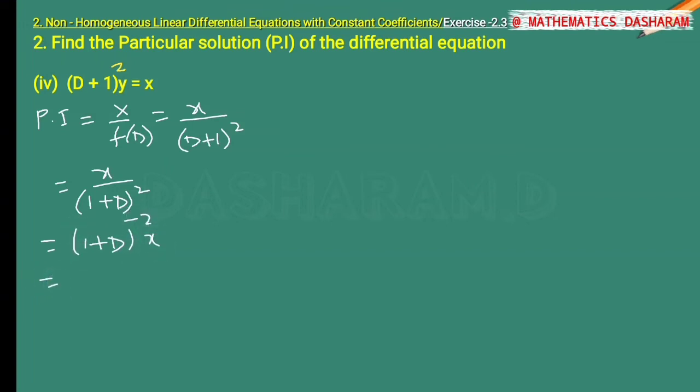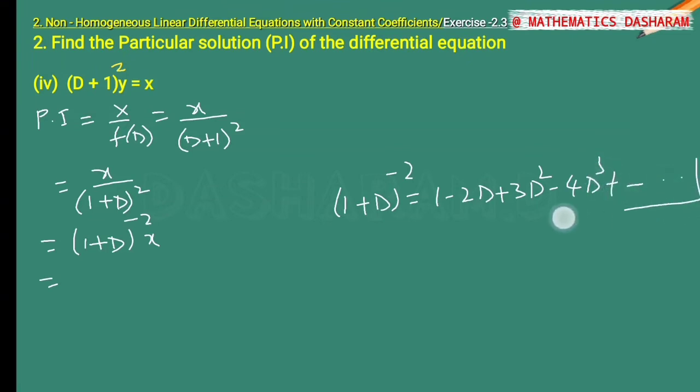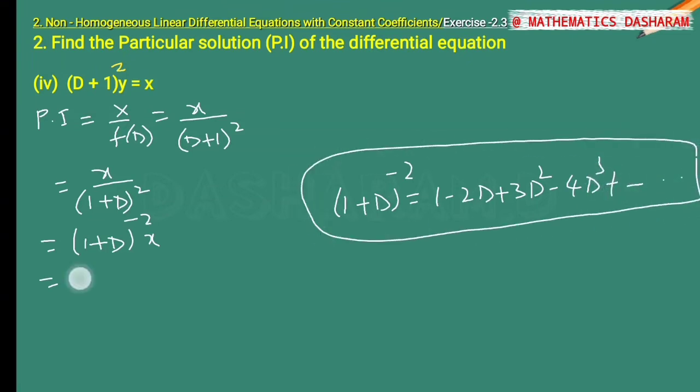So here the formula is (1 + D)^(-2) = 1 - 2D + 3D² - 4D³ + ..., into x.